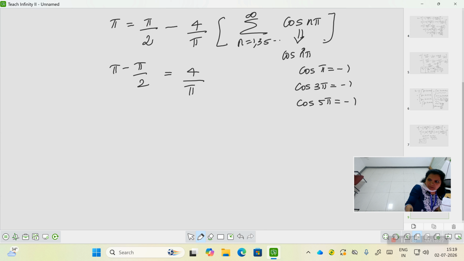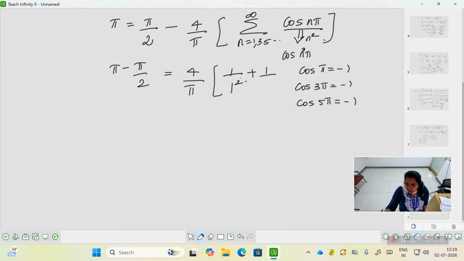So you get it as plus 4 by pi. Okay. Summation, this is n square is here. So that means the summation if you expand, you get it as 1 by 1 square, 1 by 3 square, etc. So this value will become positive.